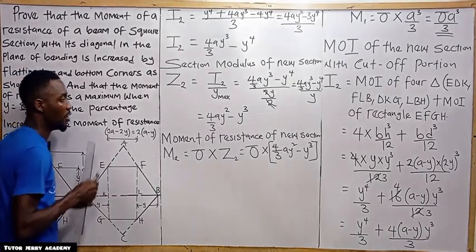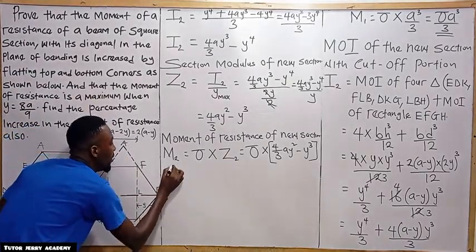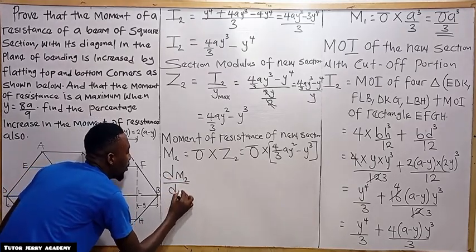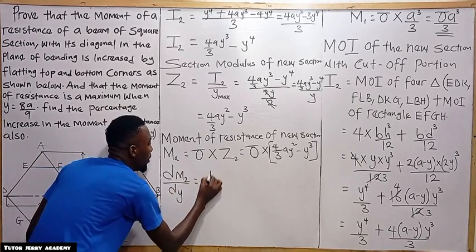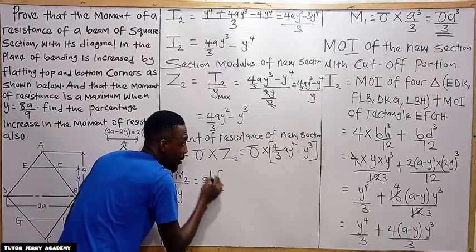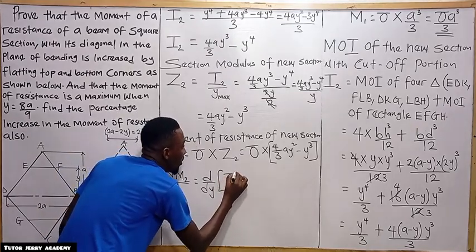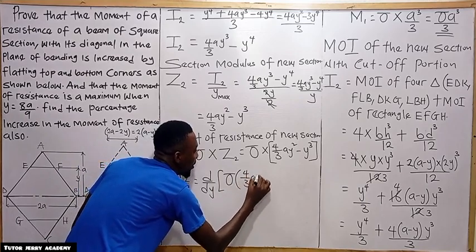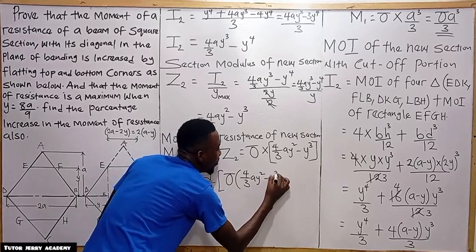So let's differentiate. We are going to say dM2 over dy will be equal to d over dy of stress times 4 over 3 a y squared minus y cubed.